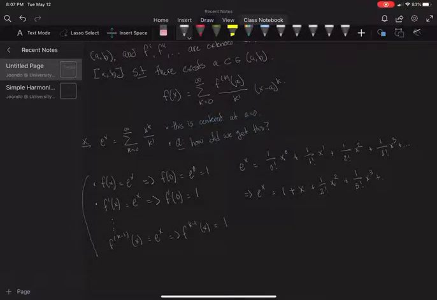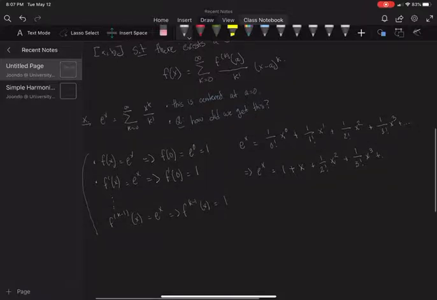So this is how we got e to the x as the sum of x to the k over k factorial, and that's why we can prove, using the quotient difference in the last video, that the derivative, the limit as h tends to 0 of e to the x plus h minus e to the x over h, is really e to the x, using this fact right over here.